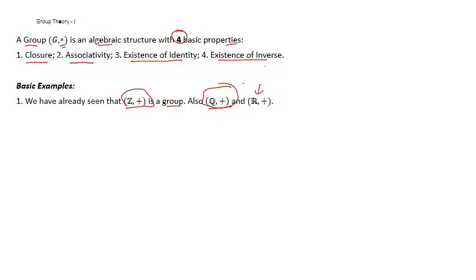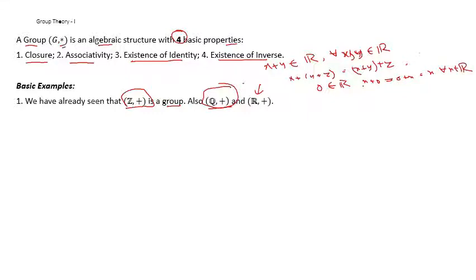Obviously it is also a group because if x is a real number and y is a real number, then x plus y also is a real number for all x, y belongs to R. অর্থাৎ x আর y যদি দুটো real number হয়, তাহলে x plus y একটা real number. x plus y plus z is same as x plus y plus z, that means it is associative. 0 is also a real number, so x plus 0 equal to 0 plus x equal to x for all x in R. And finally, if we have x as a real number, then minus x is also a real number, and x plus minus x is minus x plus x equal to 0.